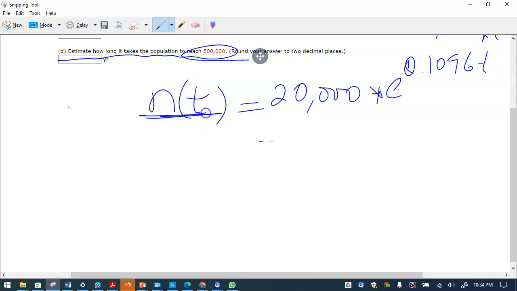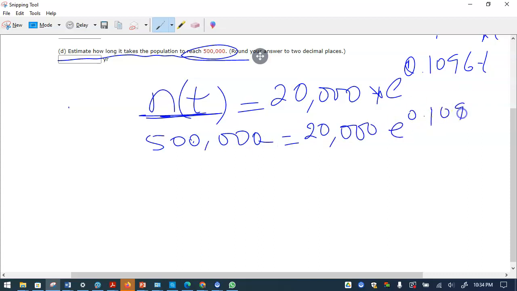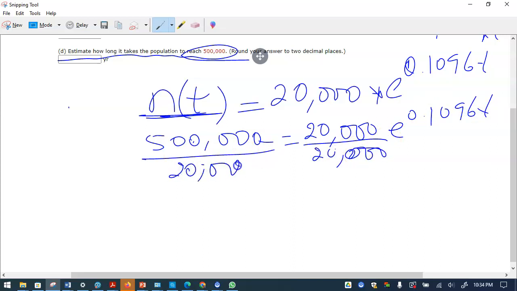So this will be 500,000, and then this is 20,000. So all you do is divide by 20,000. So this 1,000 will go away and this whole thing will go away.